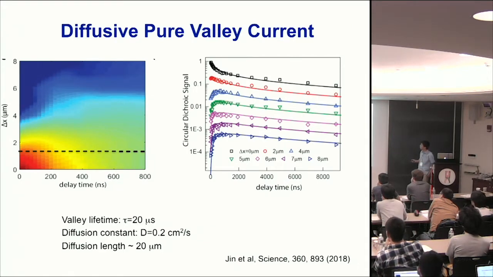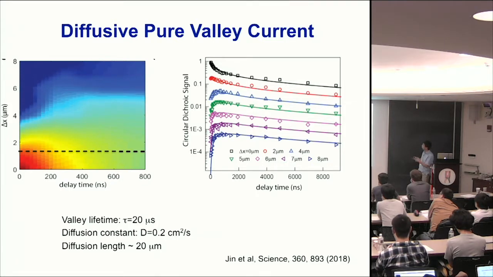And to be more specific, we can compare with the theoretical predictions. You can see if you have a point that's very close to the pump point, you only have a decay associated with diffusion out, and then a much slower decay due to the intervalley scattering.